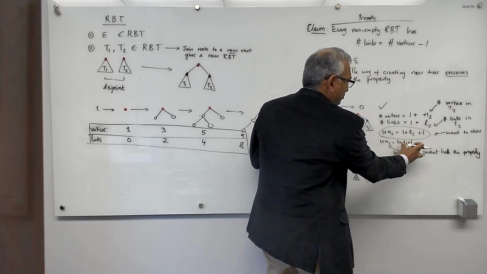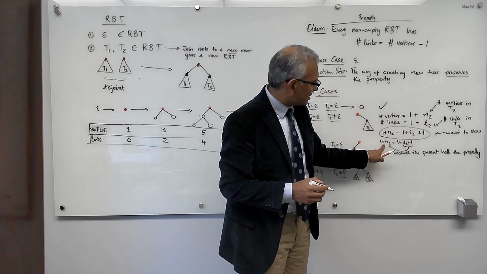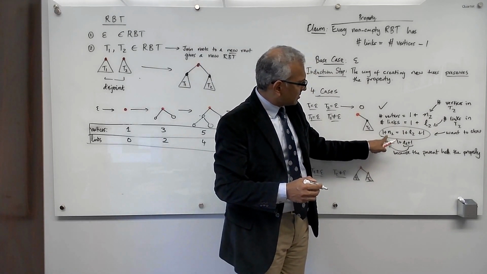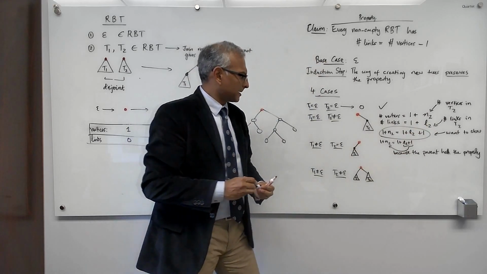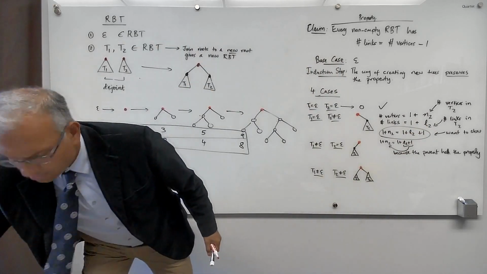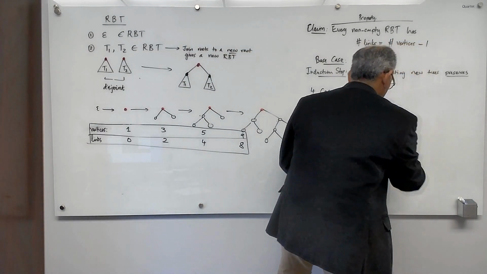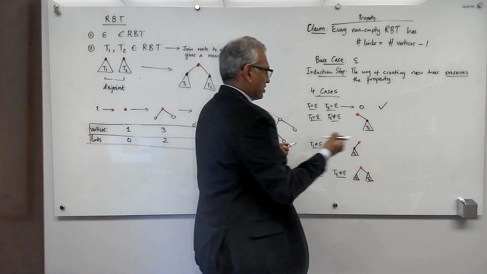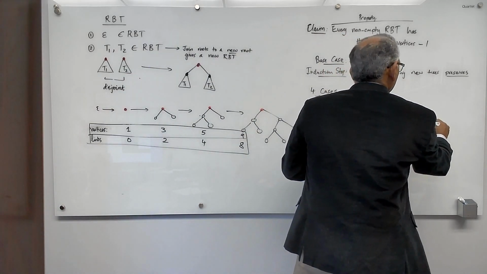And if you compare this to this, you see it's exactly what I wanted to show. The number of vertices is equal to 1 plus the number of new links. So, in this case, I've proved that the property is preserved.